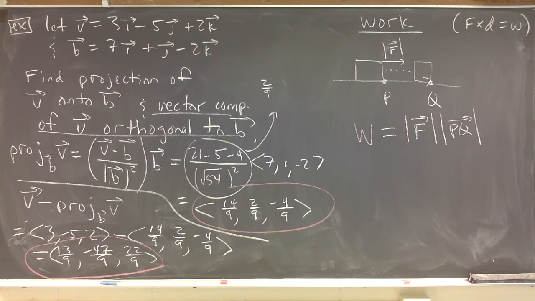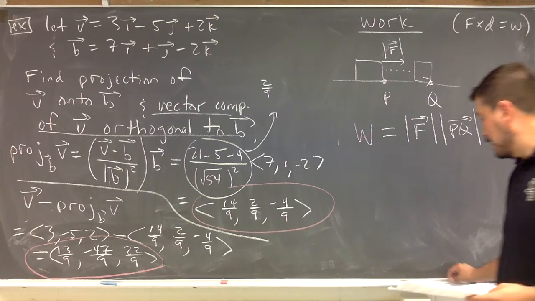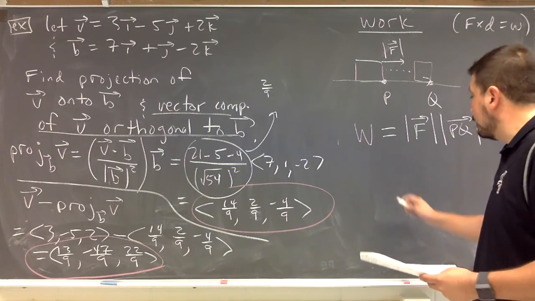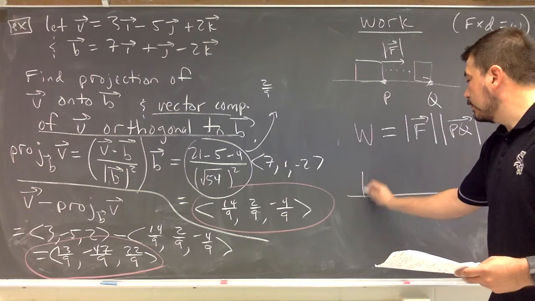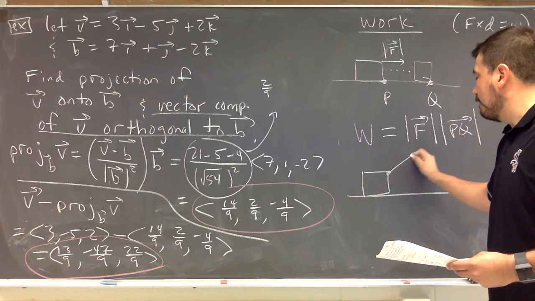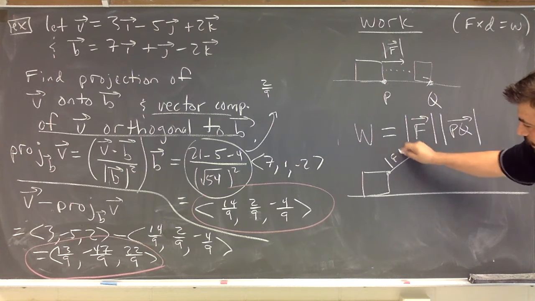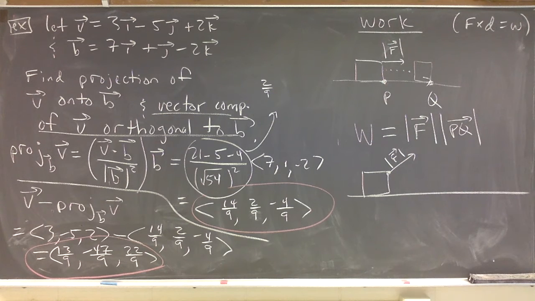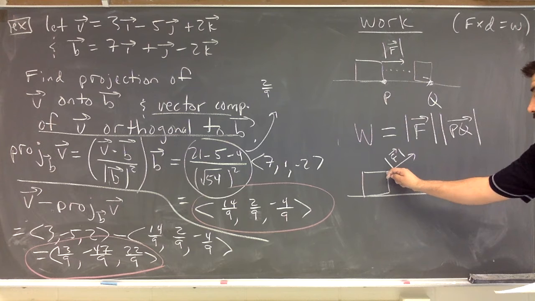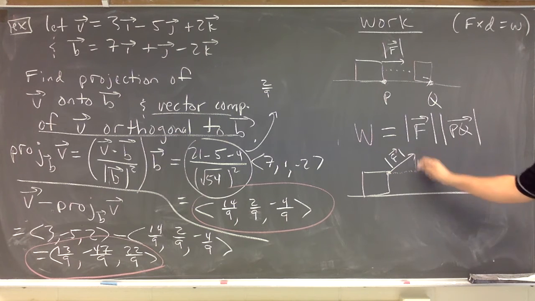All right. And now, interestingly enough, let's say we have a different scenario. Let's say we have F kind of not parallel to the ground, right? So let's say F looks something like this. So then now what we can do is draw a triangle here.